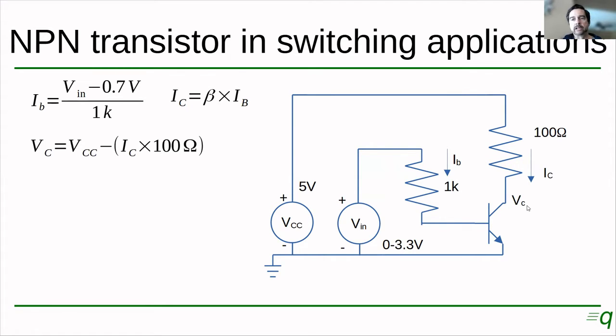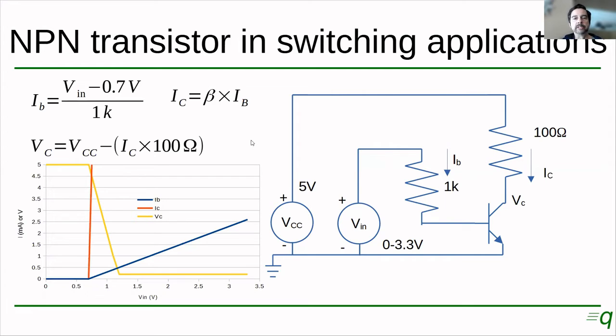And finally, the collector voltage is going to depend on how much current is flowing through this resistor. We have 5 volts here from the power supply, and we're going to lose on the 100 ohm resistor whatever current we have on the collector. So 5 volts minus what we lose on the resistor is going to be our collector voltage. Mathematically, it's this equation here.